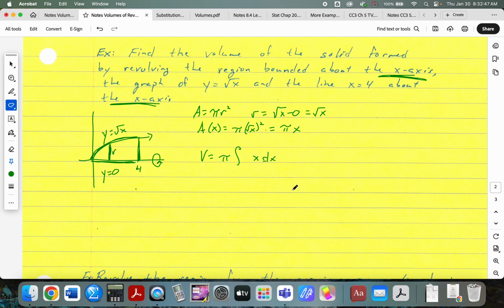What will my limits of integration be? 0 to 4. Yeah, from 0 to 4. This would be pi times 1/2 x squared from 0 to 4. So that's 8 pi.